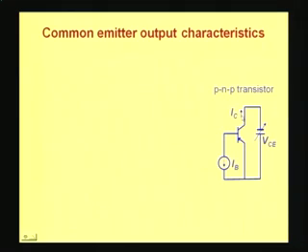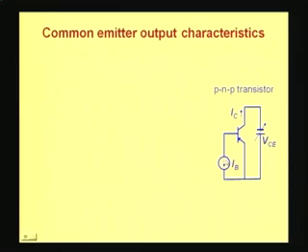Now when we plot this kind of characteristics, we maintain the base current constant. Then we change the base current to a new value, and maintaining it constant we vary the collector emitter voltage and see how the collector current varies for the new base current condition.